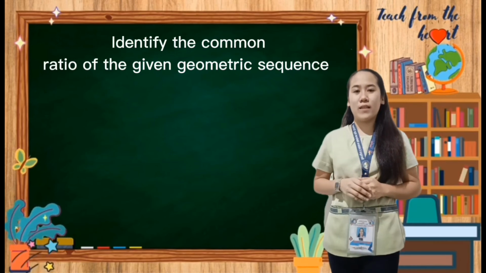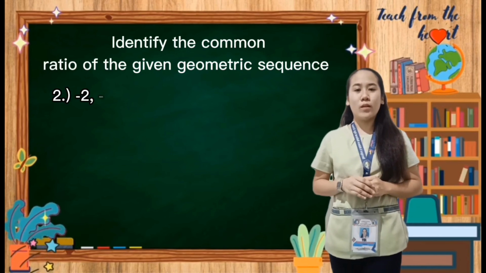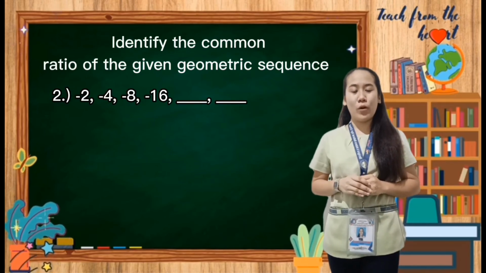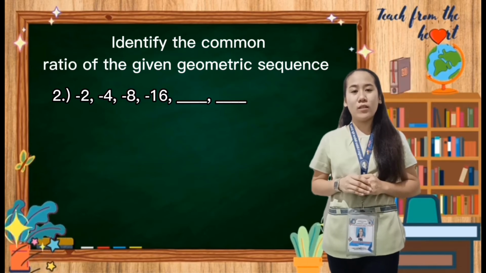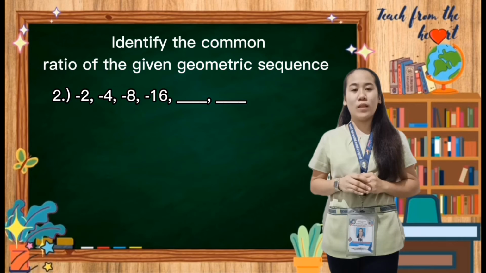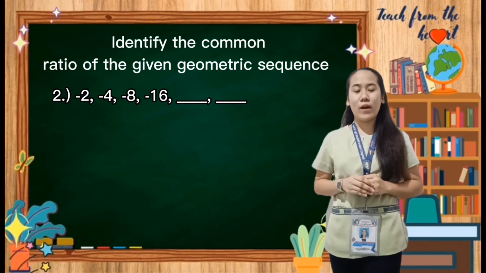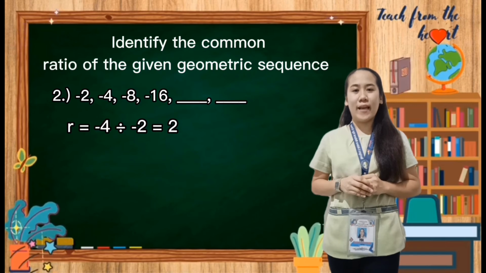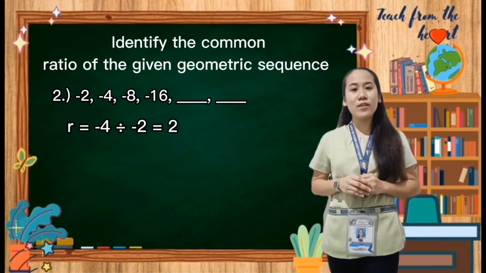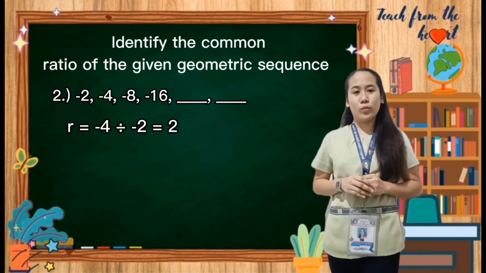Another example, number 2. Negative 2, negative 4, negative 8, and negative 16. What are the next two terms? So we divide the second term by the first term. Negative 4 divided by negative 2. The answer is positive 2.